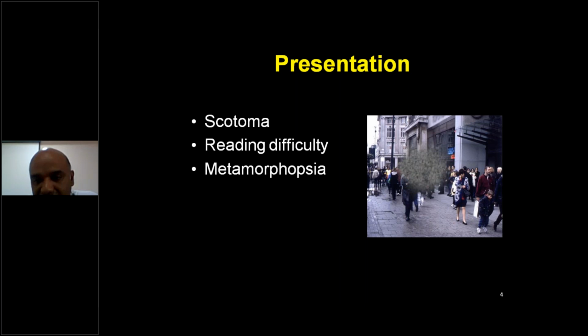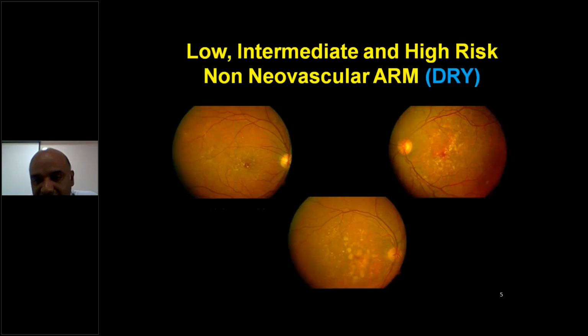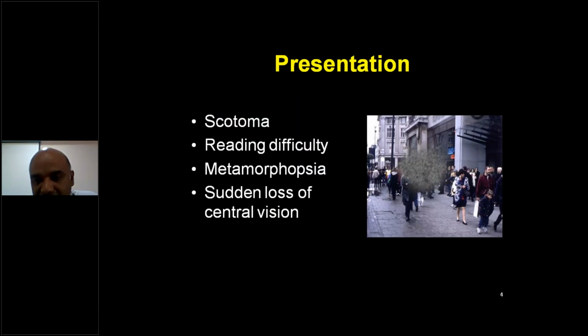The object is metamorphosed, meaning it changes its shape. It is not in its normal shape. Sometimes patients can have sudden visual loss, because, as I said, in wet AMD the blood vessels enter and they can bleed into the macula, which can lead to sudden visual loss.